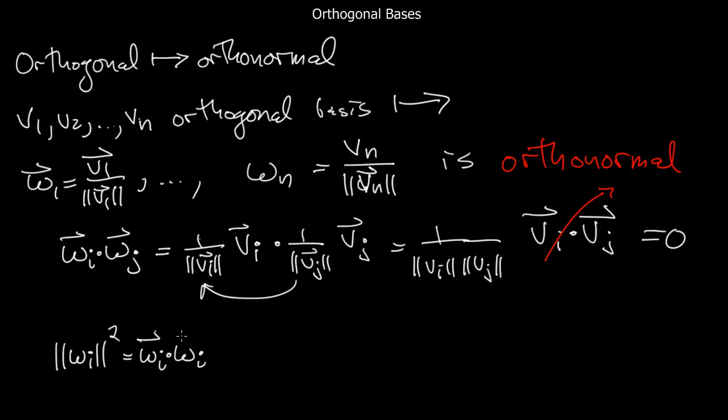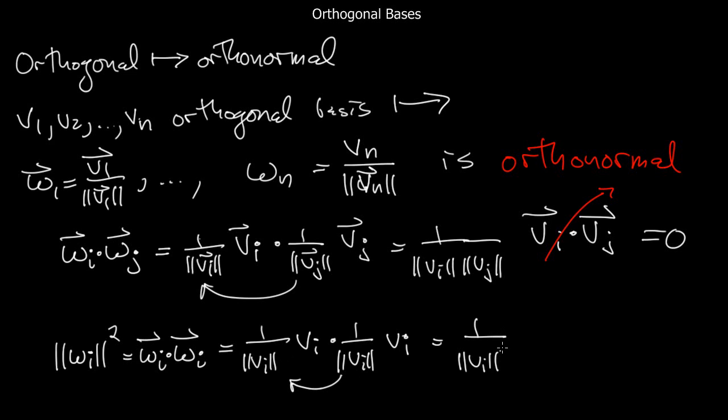And then you get Wi dot Wi, which is a very similar calculation. You get 1 over the length of Vi times Vi dot 1 over the length of Vi times Vi. And again, you combine the scalars to get 1 over the length of Vi squared. And now you get Vi dot Vi. And Vi dot Vi is the length of Vi squared.